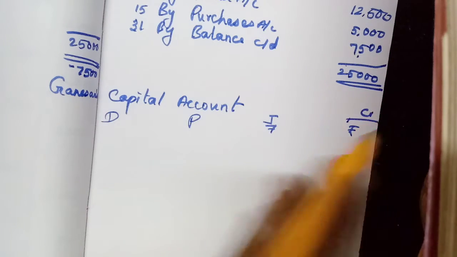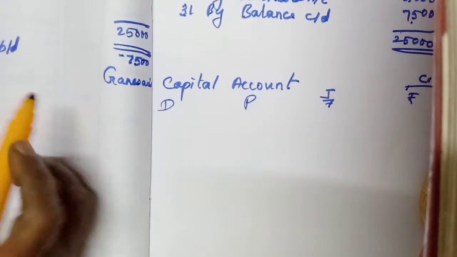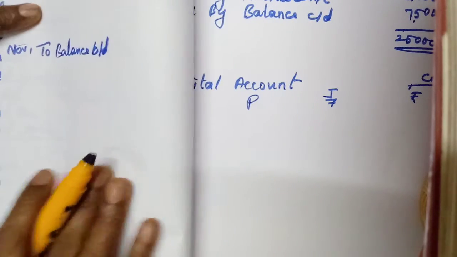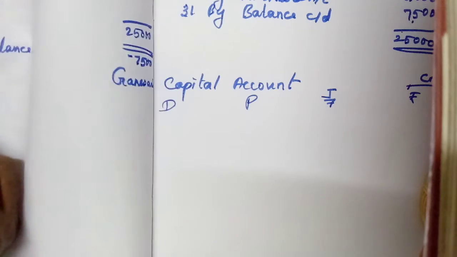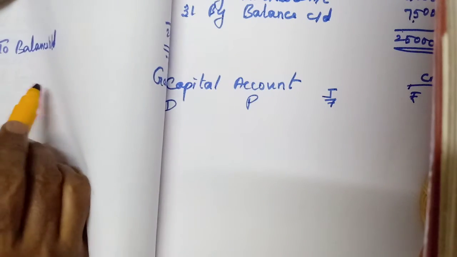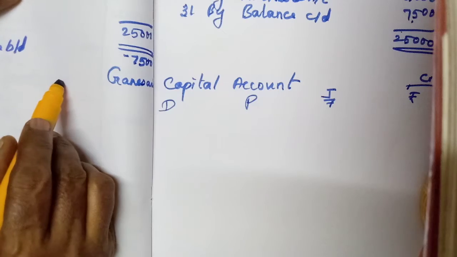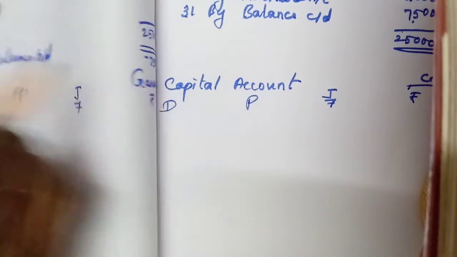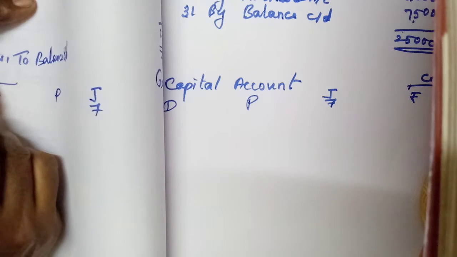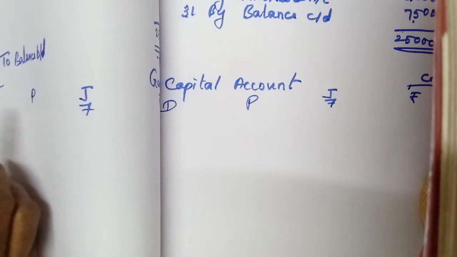Here creditor, here also date, particulars, JF, rupees. Here above, debtor.